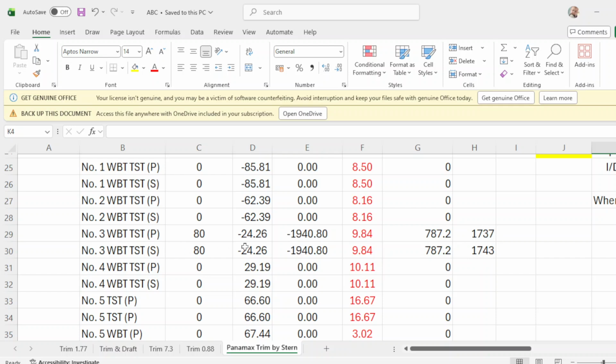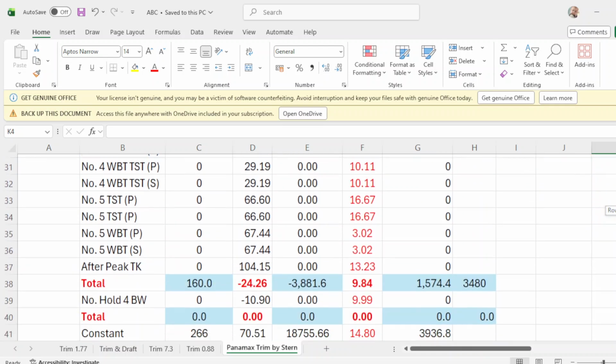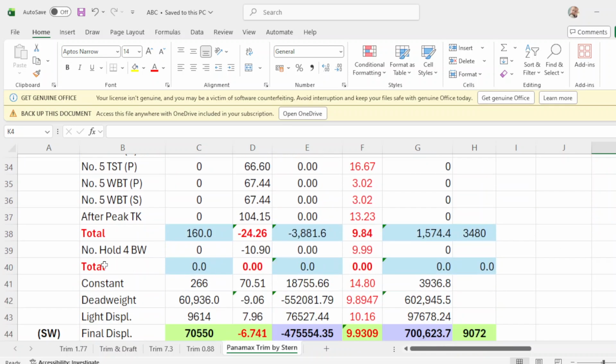Okay, so every liquid or every compartment should also have a free surface moment if you have loaded weight. Okay, so from the ballast we go down after peak, then you total of the ballast, this one 160, total LCG and LCG moment, this KG vertical moment, and your free surface total.